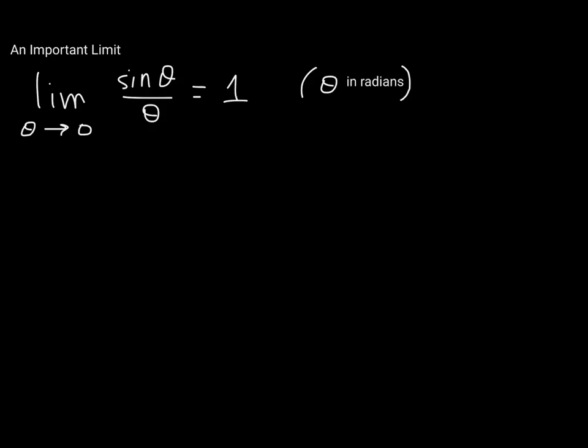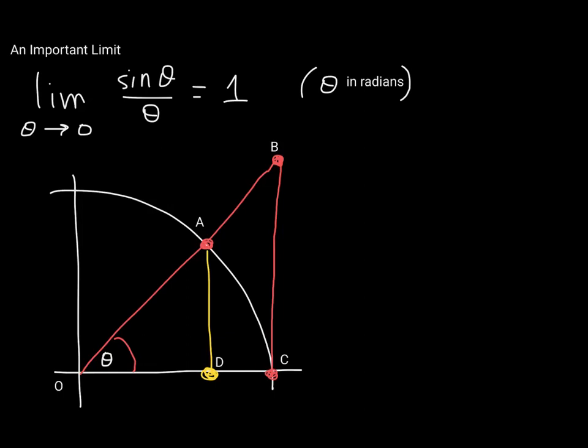And to make the proof a little more clear to see, I'm going to use a geometric proof. I'm going to take you to quadrant 1 of the unit circle. So consider the following. I've drawn two triangles here.